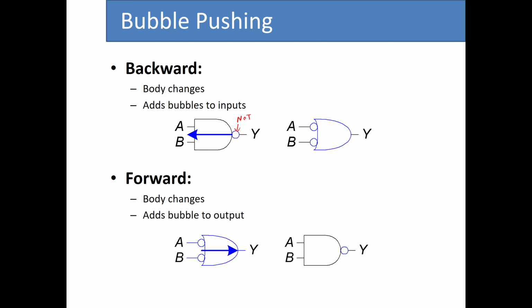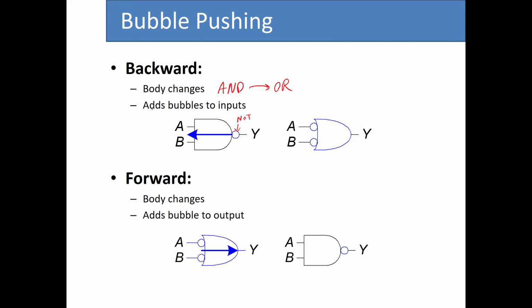So as I was saying, backward bubble pushing is when we have the circle at the output of an AND gate. In this case, when we push the bubble from the output to its input, the body of the gate changes. So if it's an AND gate, it changes to an OR gate.